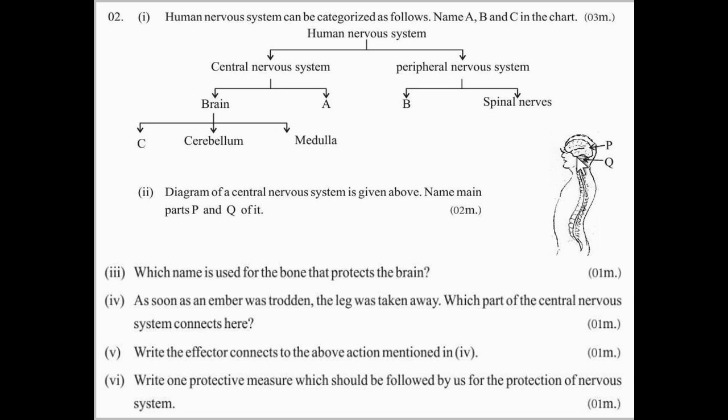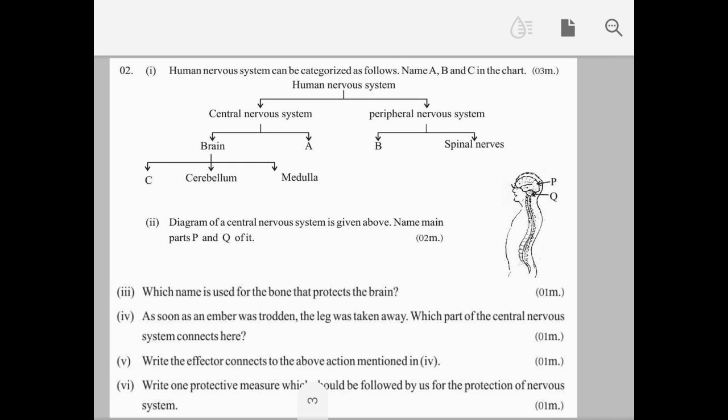They are called cranial nerves. B is cranial nerves. Peripheral nervous system has two parts, which are cranial nerves and spinal nerves.